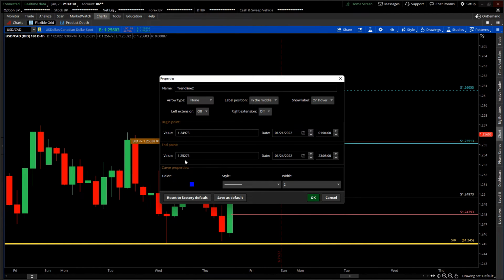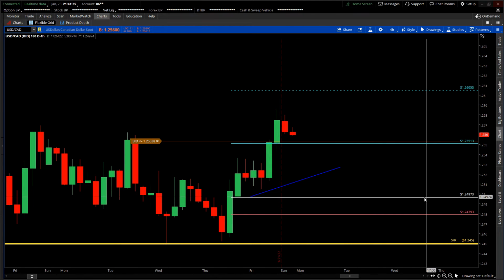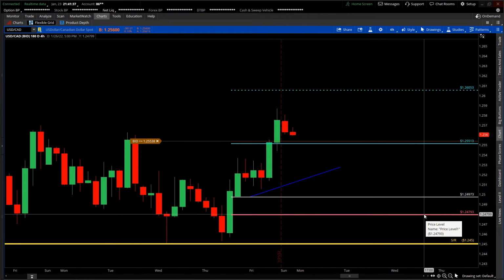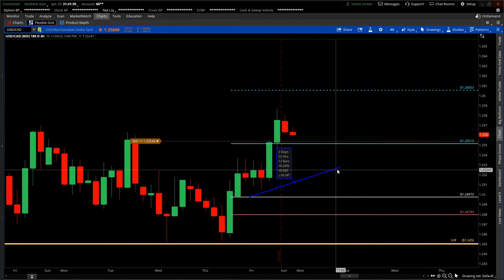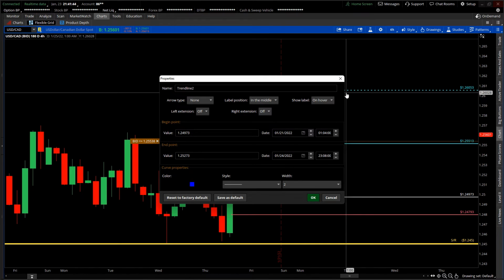So this is 1.252273. So I'll move my stop above my entry price now. So this way I'm guaranteeing myself that this is a profitable trade. So what was that? 1.25273.